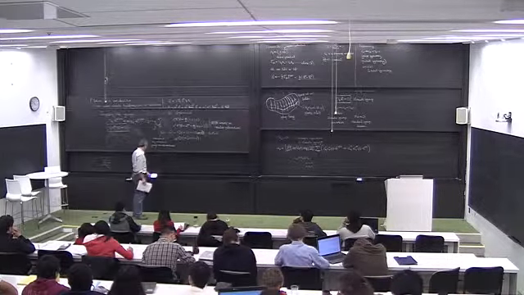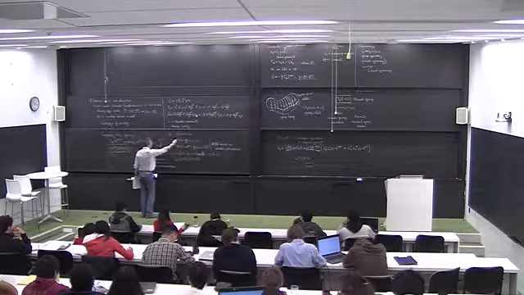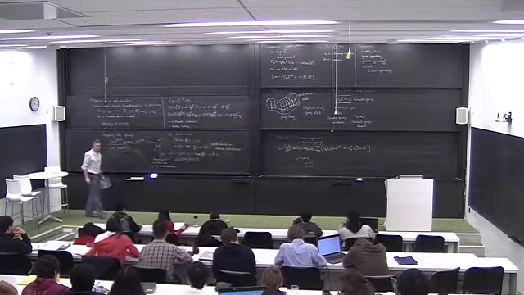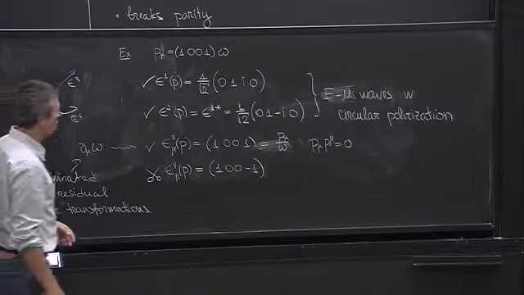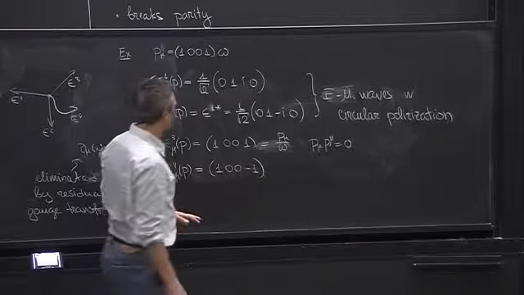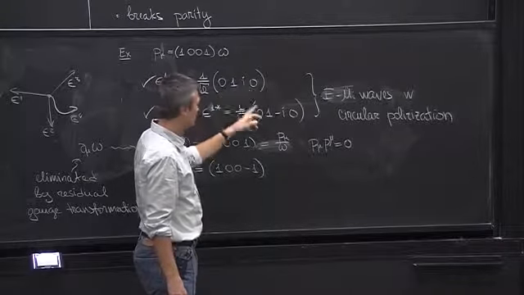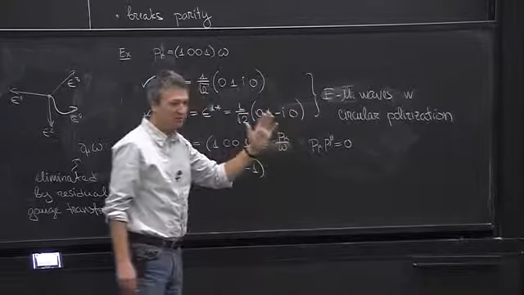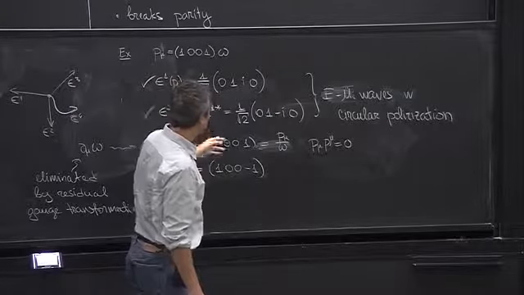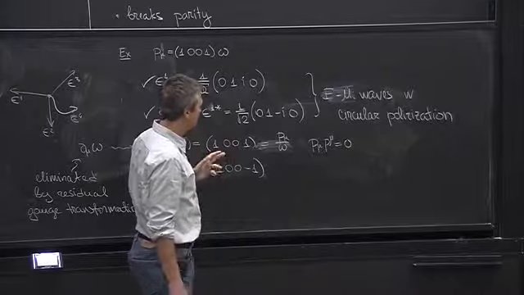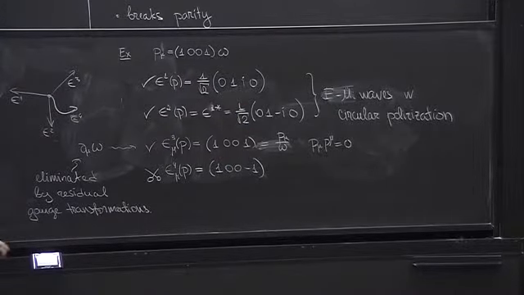So what are left are these two polarizations that describe transverse electromagnetic waves. If you were to choose the normal basis with 1 here and 0 here, and 0 here and 1 here, that would correspond to linearly polarized waves. For some reason, it's more convenient to choose circularly polarized waves. This is, in the end, a matter of convention.